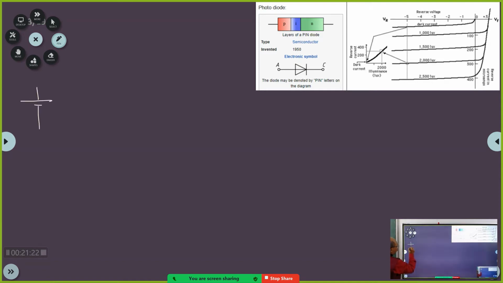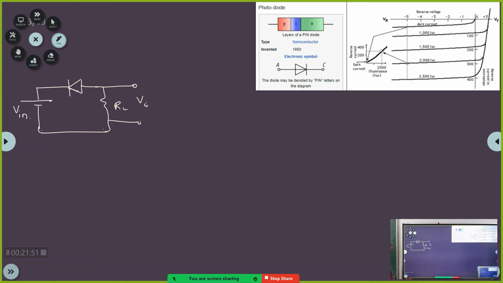Now I will start with the diode only. I connect a diode like this, and I will connect a load resistance here. And I want to measure the output voltage.